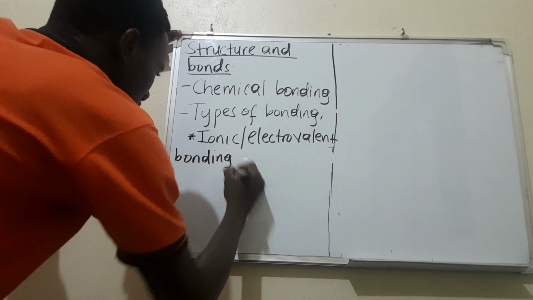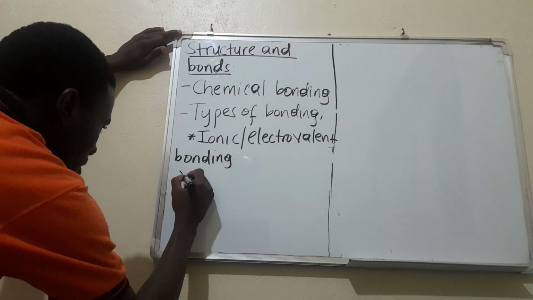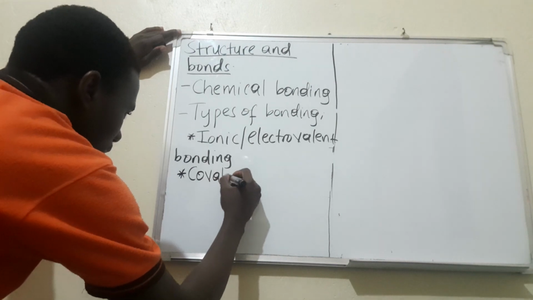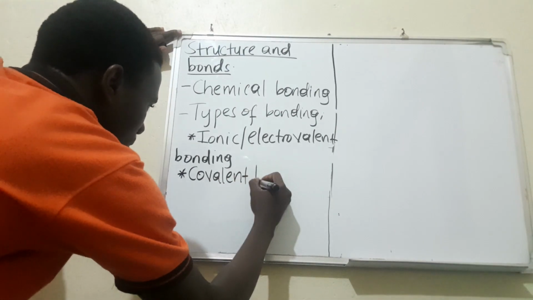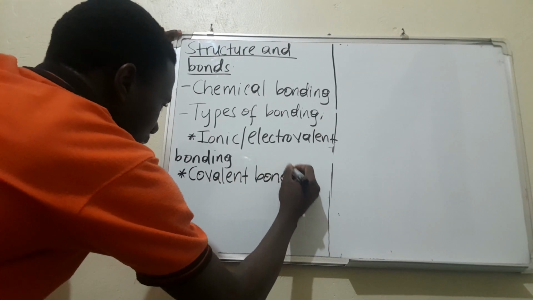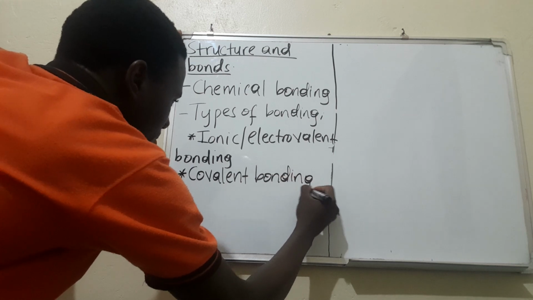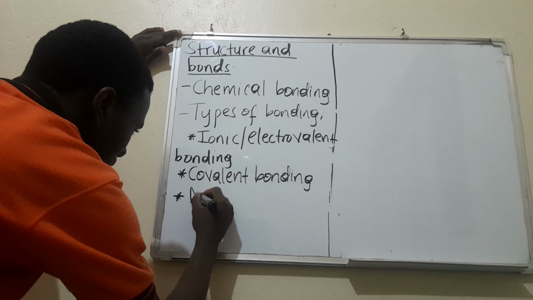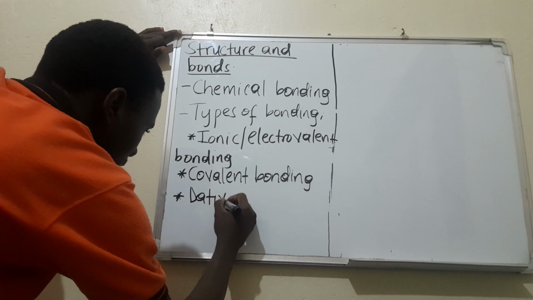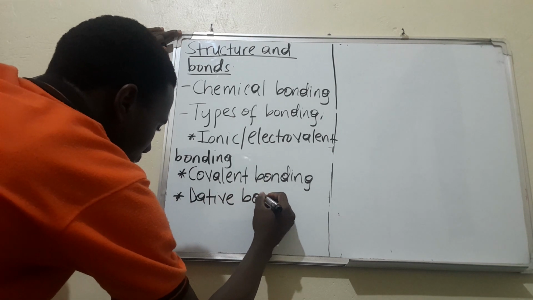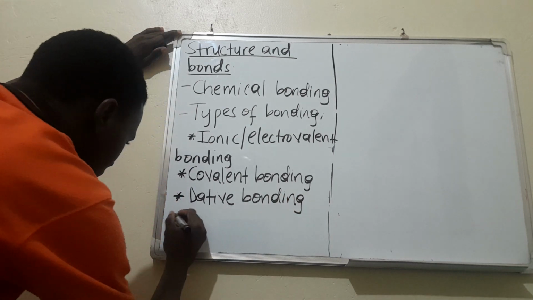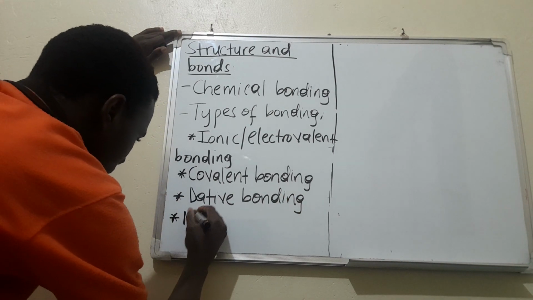Then the second type we have covalent bonding. Then the third we have dative bonding. And lastly, the fourth one is metallic bonding.